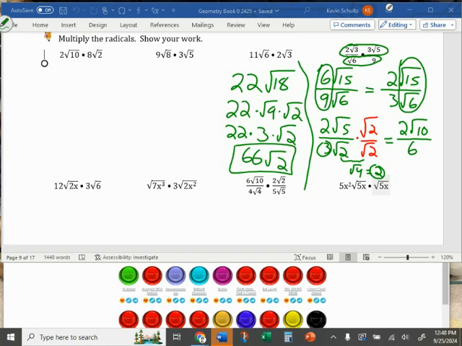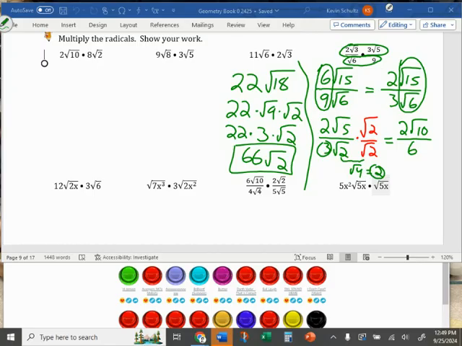Do you see where we get the root 4 from? The root 4 comes from rationalizing. Because we have this root 2 in the denominator here, we have to multiply by root 2 over itself. Right? Follow me? So root 2 times root 2 equals root 4, which, the root of 4 being a perfect square, that's why we do it, to get that perfect square. Root 4 equals 2.